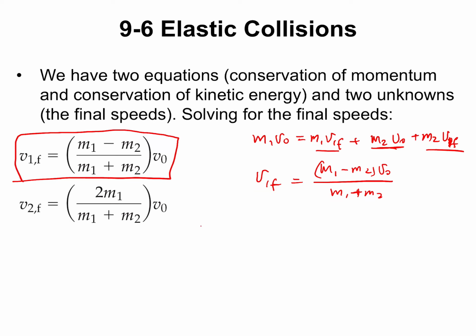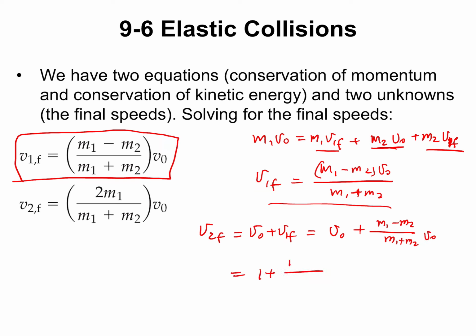And then what is v2f? We know v2f equals v0 plus v1f. So v0 plus (m1 minus m2) v0 over (m1 plus m2).